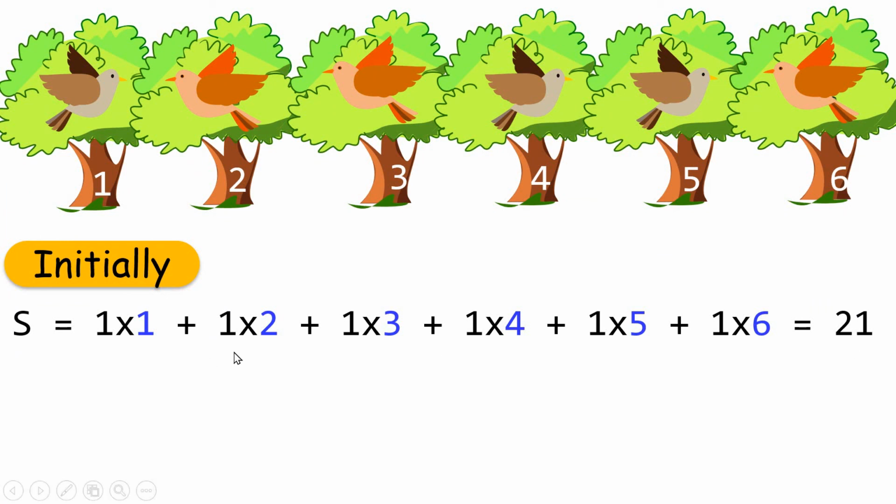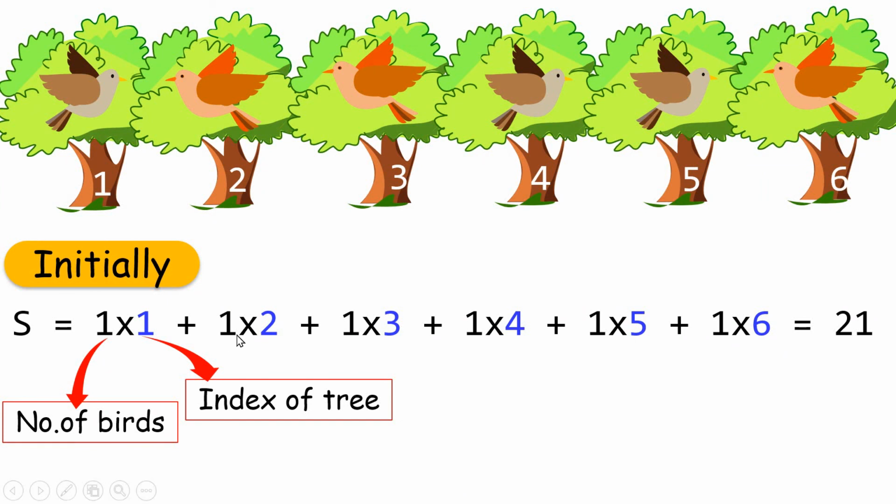In this calculation, in this product 1 into 1, this 1 is the number of birds on that tree, and the one in blue color is the index number of that tree. 1 into 2 means there is one sparrow on tree number 2. 1 into 3 means there is one sparrow on tree number 3. And so on.